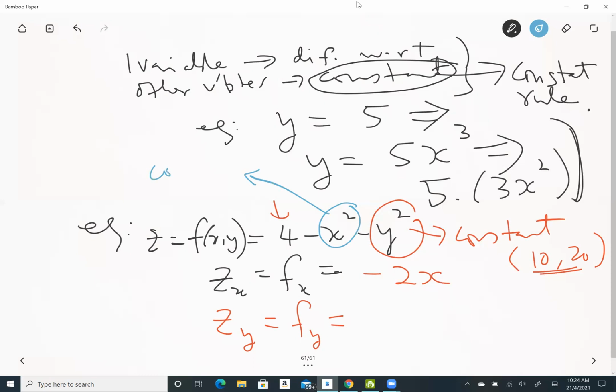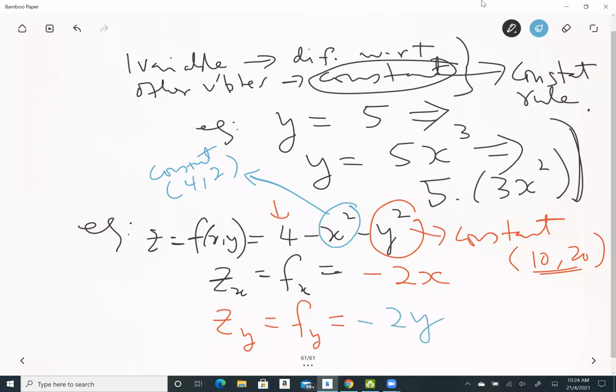Think of it as a number lah, 4 ke, 2 ke, whatever you want to think of, that's a constant. So the derivative of a constant is 0. So what is the derivative of the function with respect to y? Y squared is the only variable. So it's negative 2y.